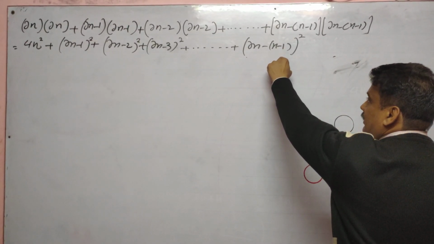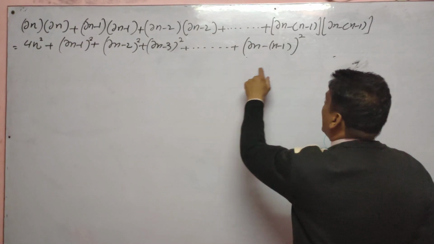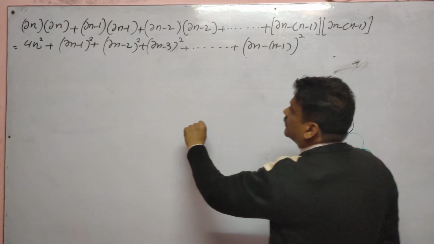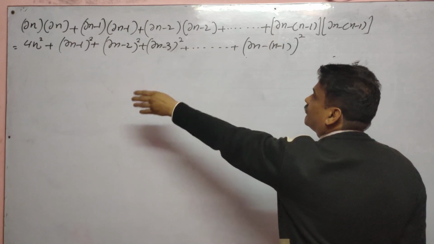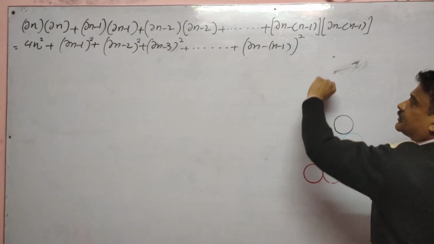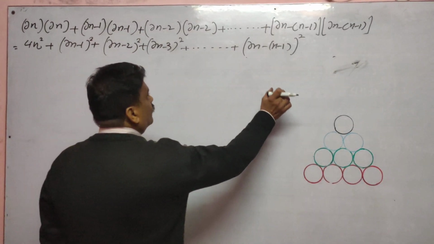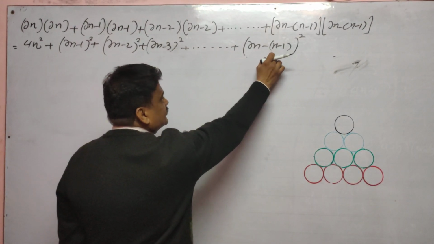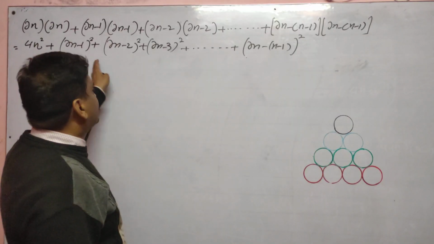this bracket tells us these terms go up to n minus 1 times: 1, 2, 3 and so on. These terms will go up to n minus 1 times. So we don't simplify this bracket. We just need to find the number of terms.